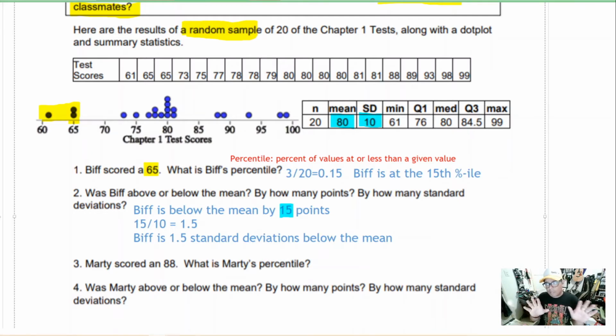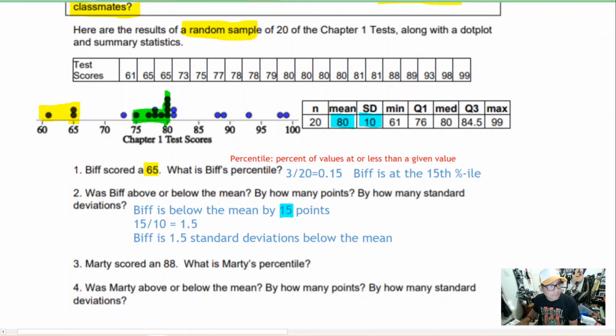I want to take a little bit of time to talk about what that means. If one standard deviation is 10 points, every time we go 10 points to the left of 80, so here's 80, we go to 70, all of these scores are less than or equal to 1 standard deviation below the mean. And all of these scores over here are less than 1 standard deviation above the mean. So all the scores in green here are within 1 standard deviation of the mean.